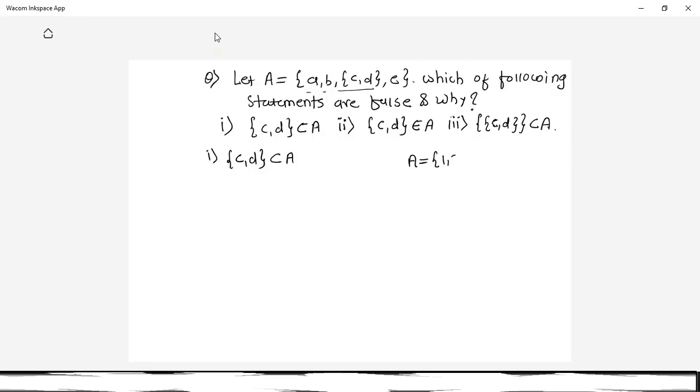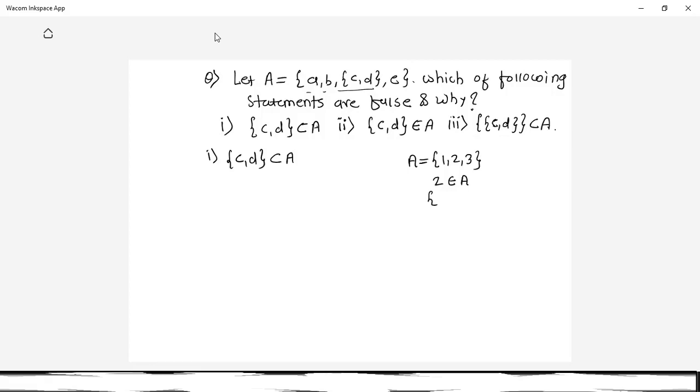Let us say I have a set with elements 1, 2, 3, and I want to check whether 2 is an element of this set. So I can say 2 belongs to the set A, or 2 is an element of set A.